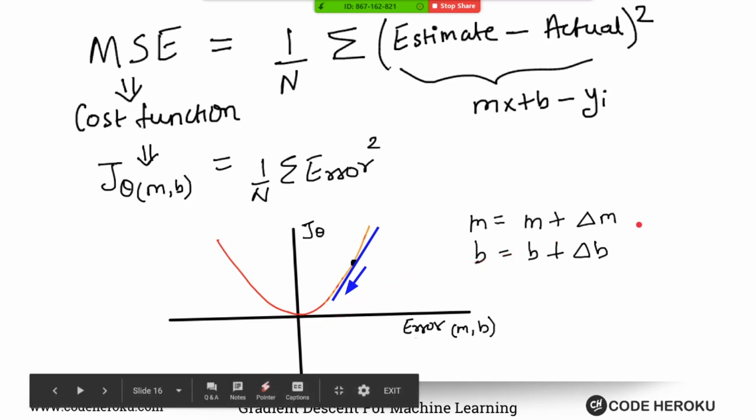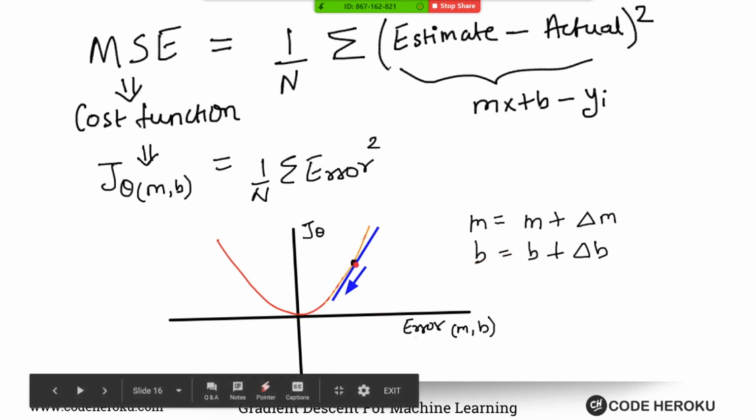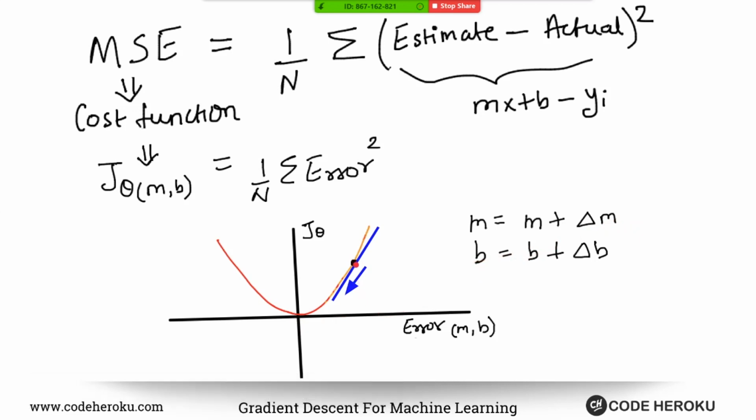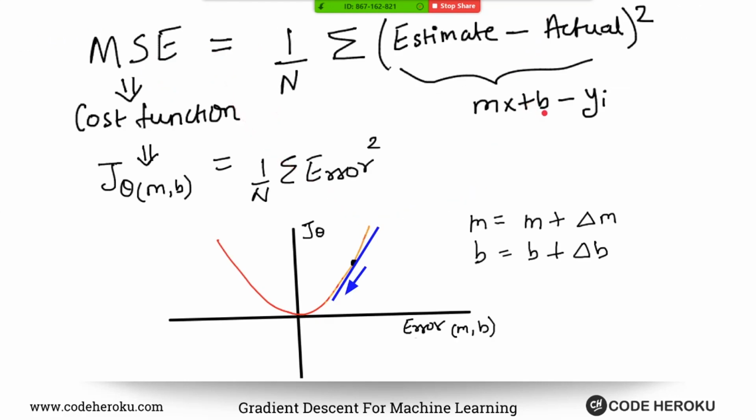So let's go ahead now with that understanding that delta m is nothing but the derivative at this point. And what's the curve that we have? We have J theta, or no, J omega over here, which is what we are trying to reduce. So we are trying to find delta m, and we are doing a partial derivative of this function J with respect to m, because this J function has other parameters as well.